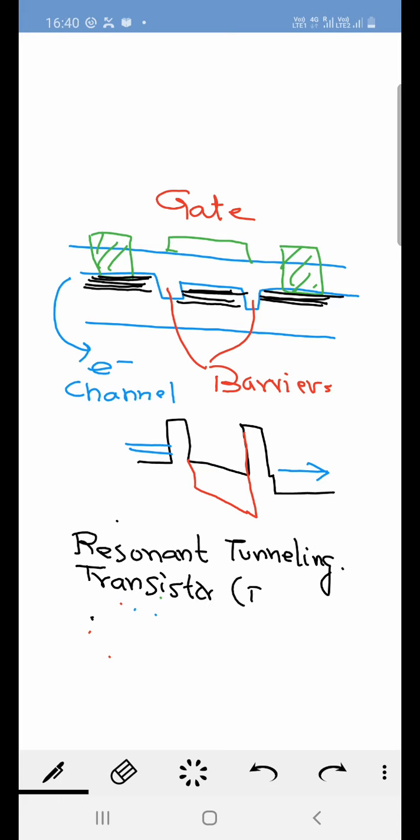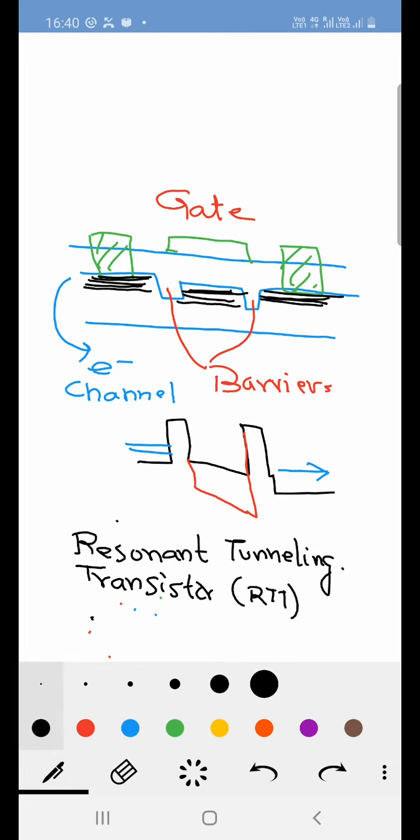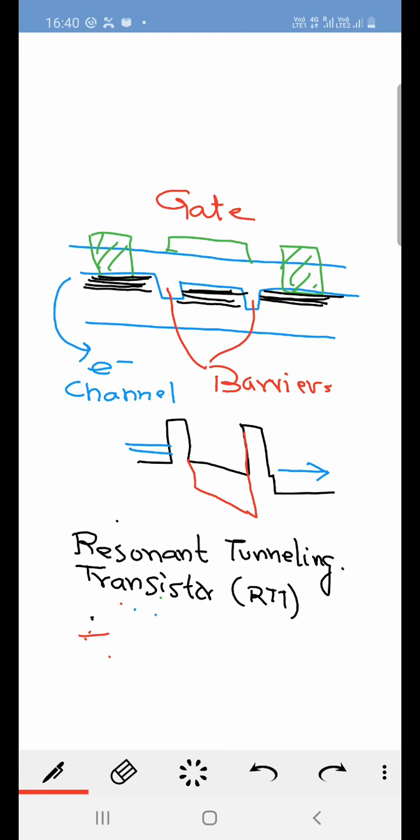Or you can call it RTT. Now this RTT can perform both as a switch and as an amplifier, like a MOSFET.